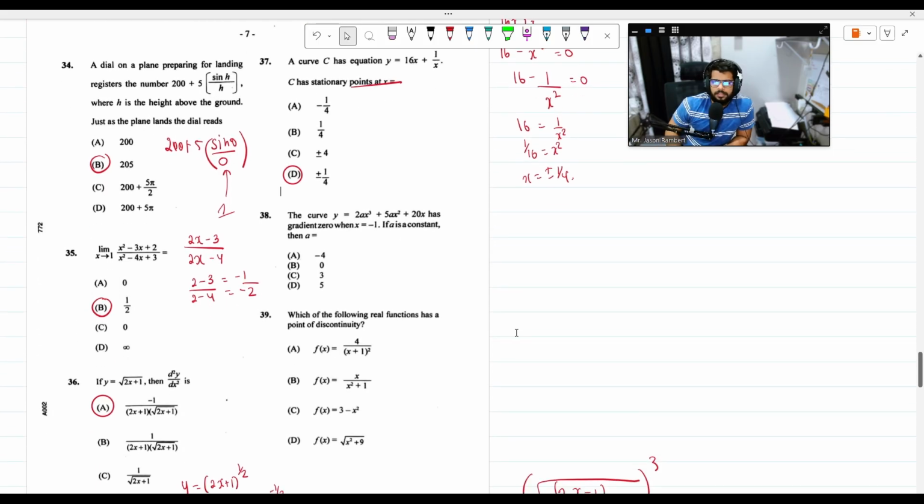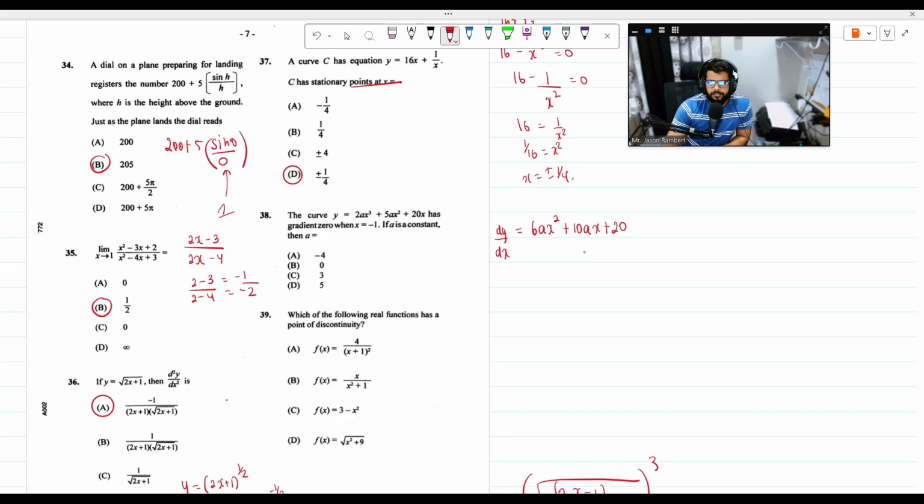The curve y is equal to 2ax cubed plus 5ax squared plus 20x has a gradient of 0 when x is minus 1. So we're looking at gradient, so we're looking at differentiating this. So dy dx is equal to 3 2s are 6ax squared plus 10ax plus 20.